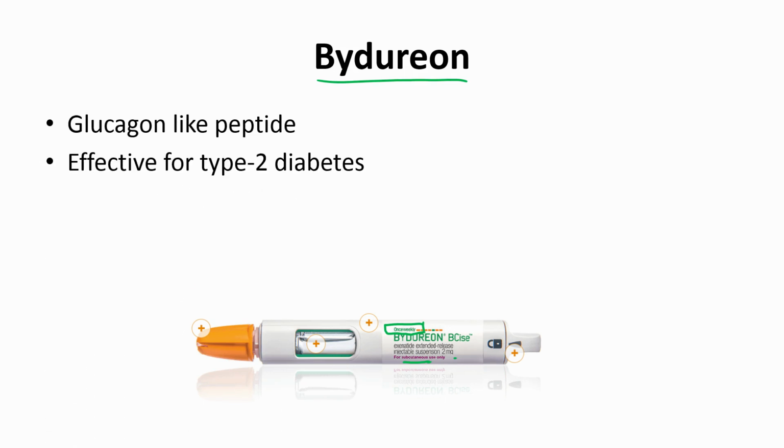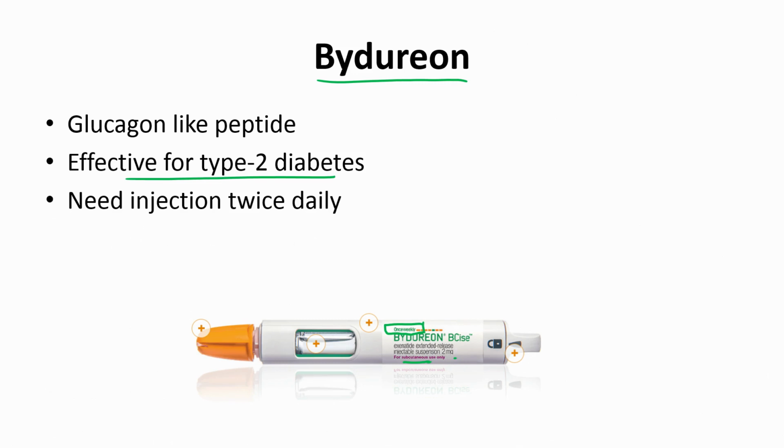Let us look at what it is. It is a glucagon like peptide. It is fairly effective in type 2 diabetes. If patients are becoming insensitive to insulin, you can give this particular drug, glucagon like peptide, which is going to make sure your blood glucose is well maintained.